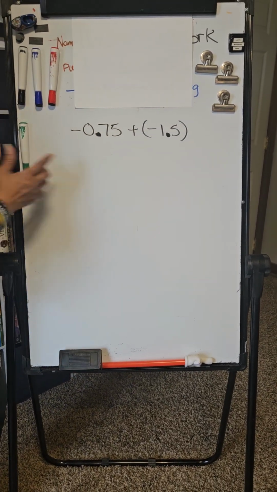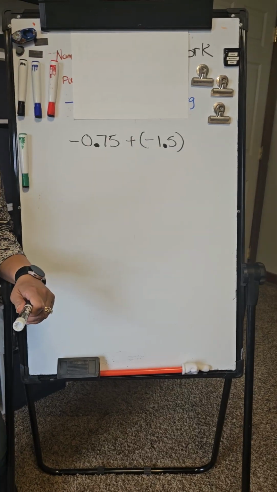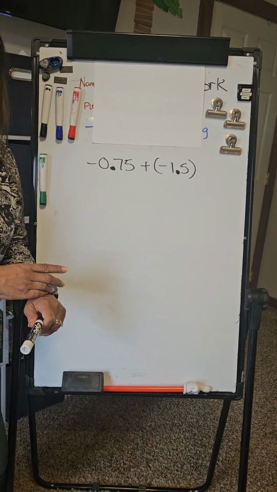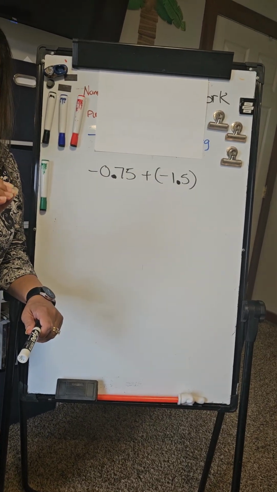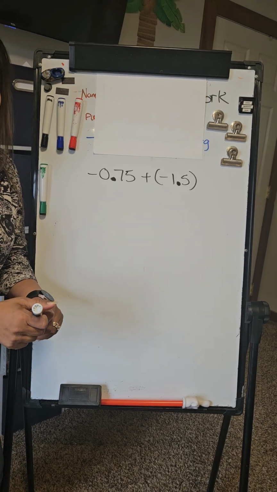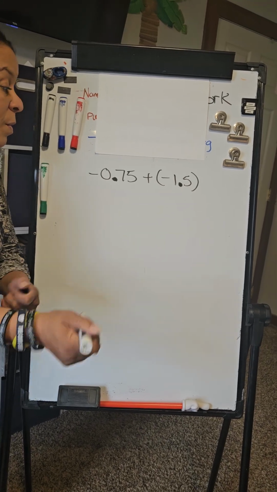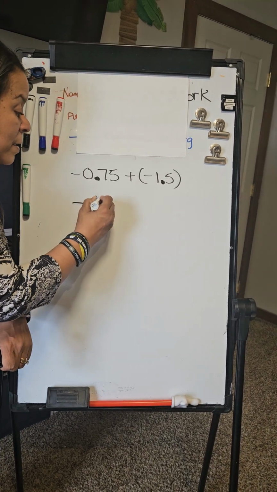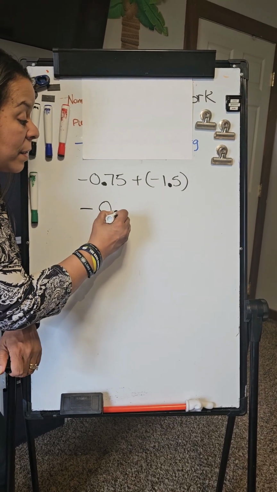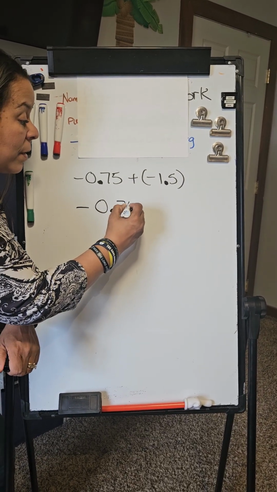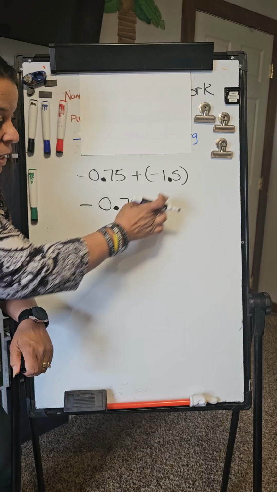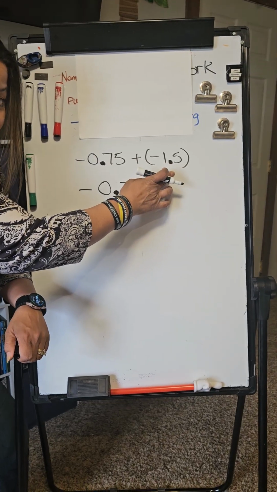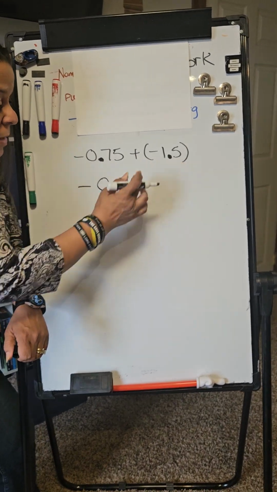So let's look at this. The other thing that we have to remember when we're working with decimals and we're adding or subtracting is that we're lining up our decimals. So the first number is 0, there's the decimal, 75. This is a negative 1.5, but where's that decimal?